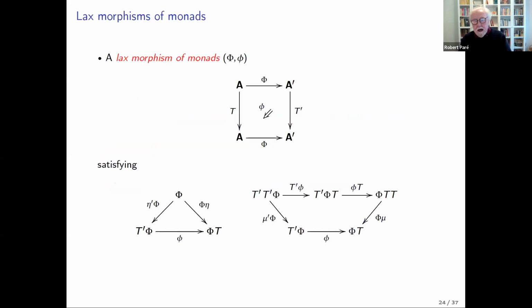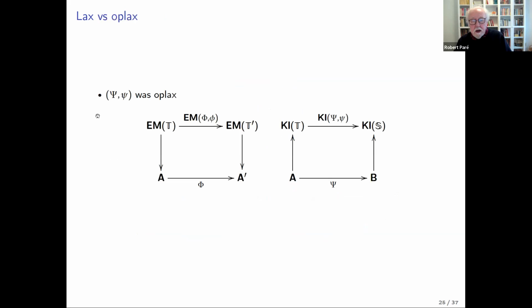Now, actually, for the morphism that I defined for monads, there are two different kinds of morphisms of monads. So there's the lax one, and the other one was oplax. So a lax morphism of monads is a functor again between the categories, but now the transformation is going in the other direction. And it satisfies again that it preserves units and multiplication. So the psi was oplax.